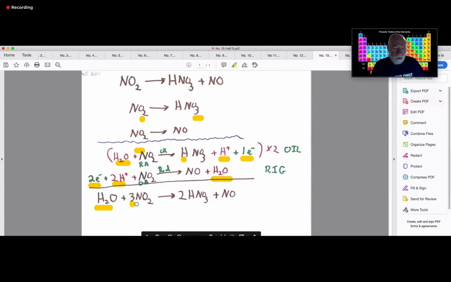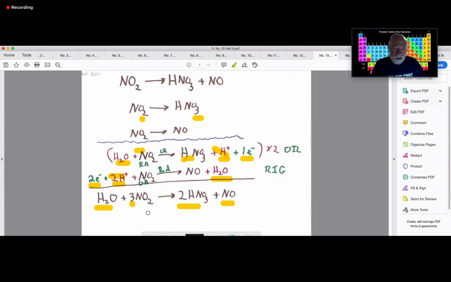How about HNO3? Well, we doubled that up here, so we're going to get 2 of those. And we have 1 NO, and the electrons cancel out, which they should. And notice the hydrogen ions cancel out also, which is kind of cool. So we double them up here, and that's going to cancel there. So this ought to be the complete balanced reaction.